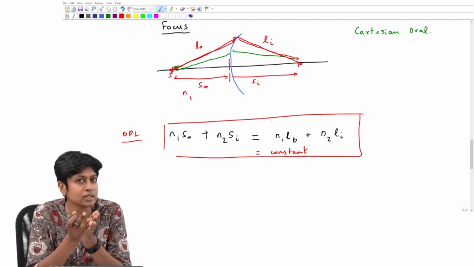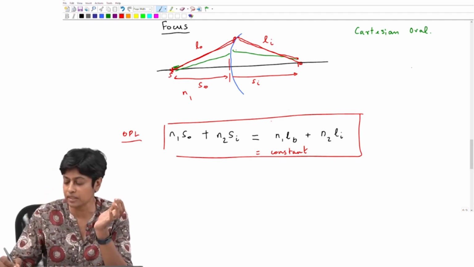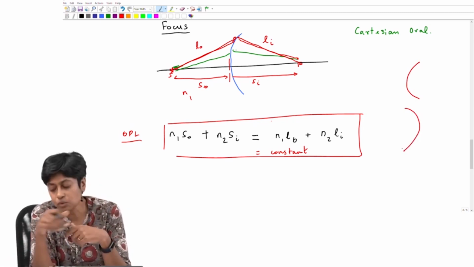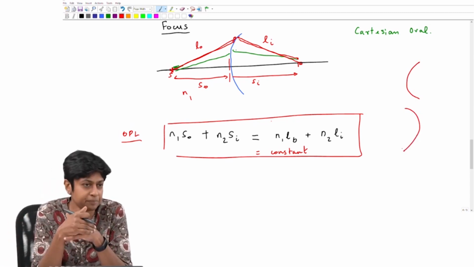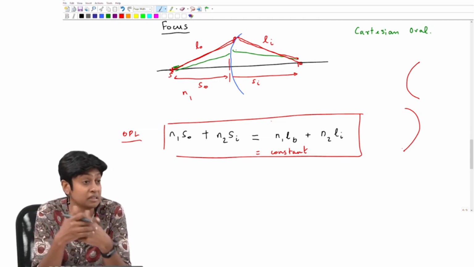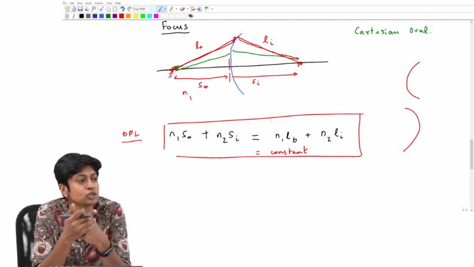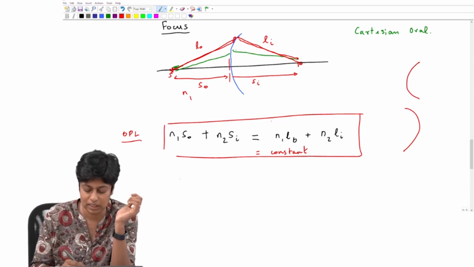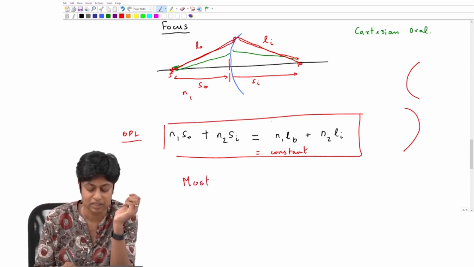Convex concave is the nature of, so convex, I will say this is convex, this is concave. But if I had to describe this shape, is it a Cartesian oval, is it cylindrical, is it spherical, does it have some other shape? So, most lenses, it's not correct to say all lenses, but most lenses will be spherical.